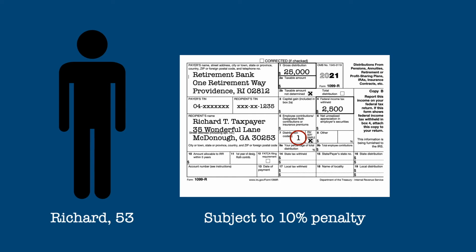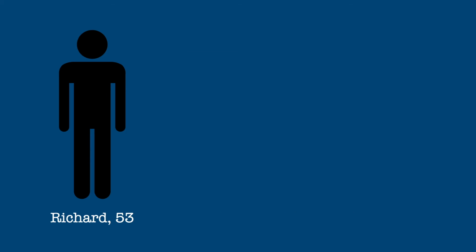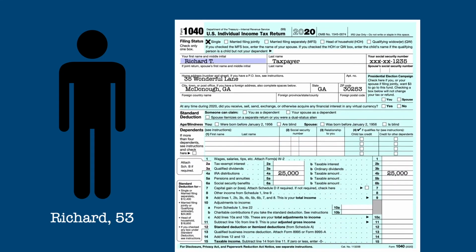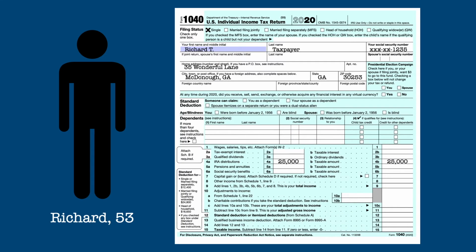This distribution is subject to a 10% penalty tax on the amount withdrawn, unless an exception to the penalty applies. The various exceptions to the 10% early withdrawal penalty will be discussed in another video. Assuming no exceptions to the penalty apply, the entire amount is taxable and entered on line 4B of Form 1040.